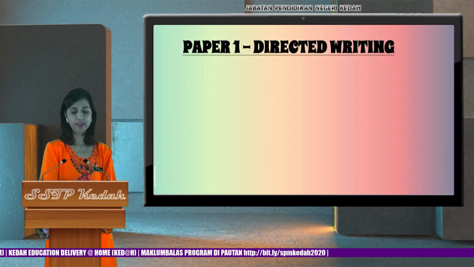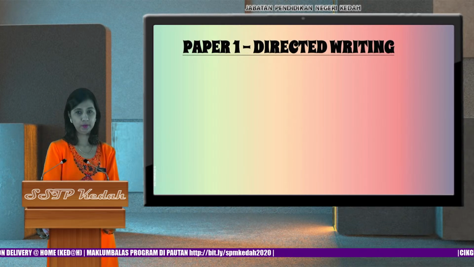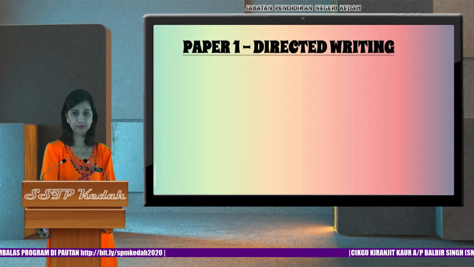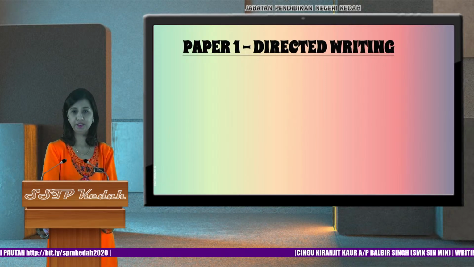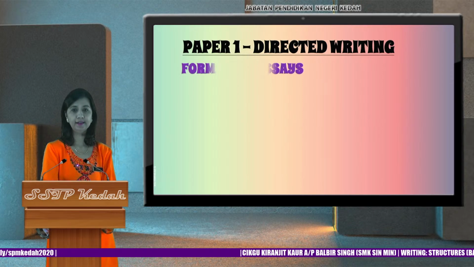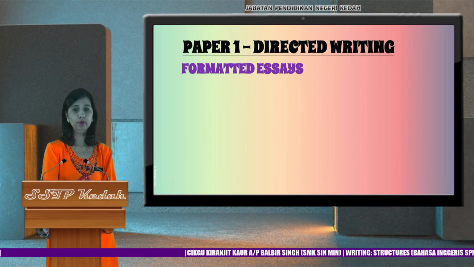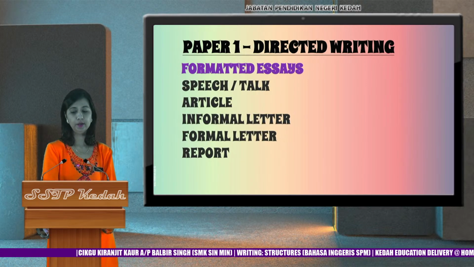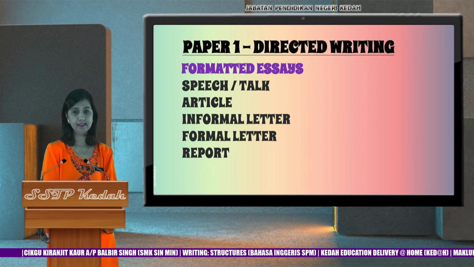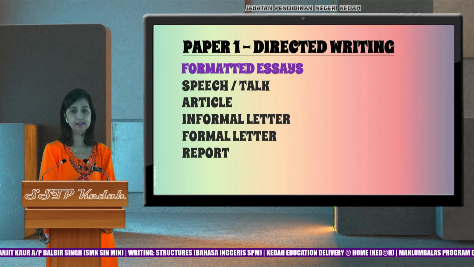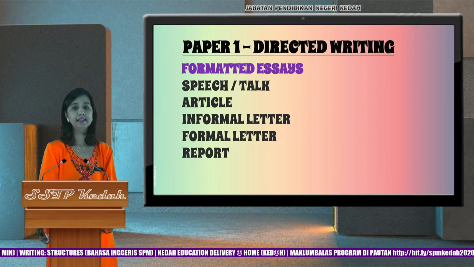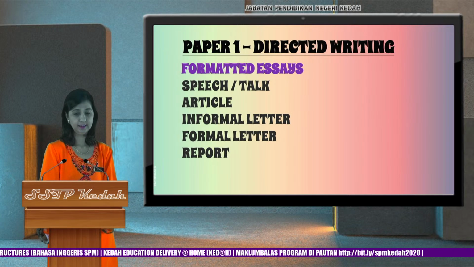Okay, so my focus today is on directed writing, paper 1. As we know, paper 1, we have two types of writing. One is directed writing and the other one is continuous writing. Directed writing is more on formatted essays. The common formats tested for the past years are as below: speech or a talk, article, informal letter, formal letter, and report.